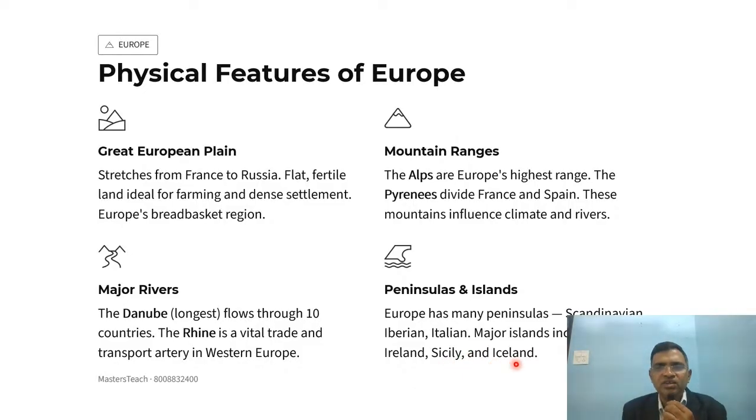The Alps is the highest range, and the Pyrenees divide France and Spain. This influences the climate and rivers. You have to remember this. If you want, you can take a screenshot. To get this PDF, you can WhatsApp me.